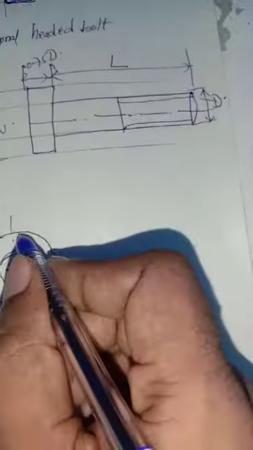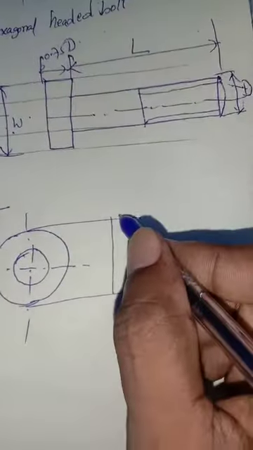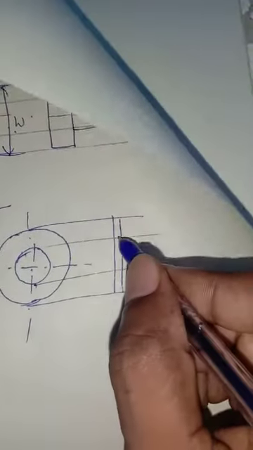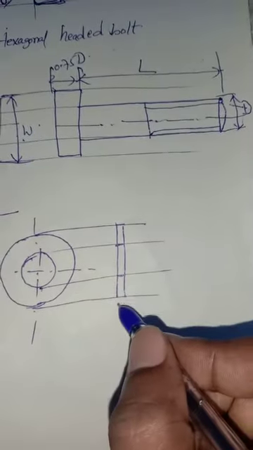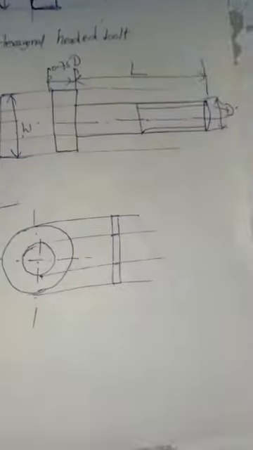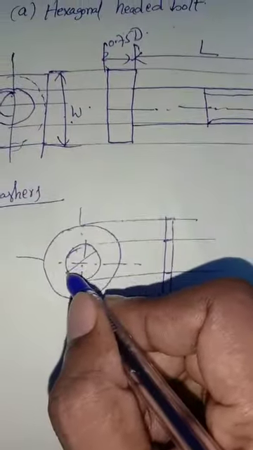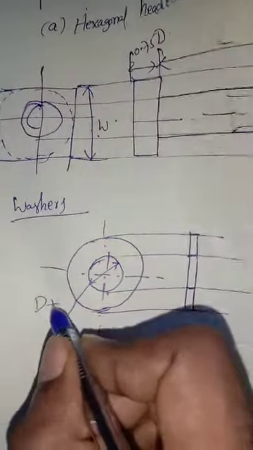See washers. This is the side view of the washer. This is the projection line. Okay, and now here, how to calculate: this is for diameter D, but for the washer you can increase D plus 1 mm.